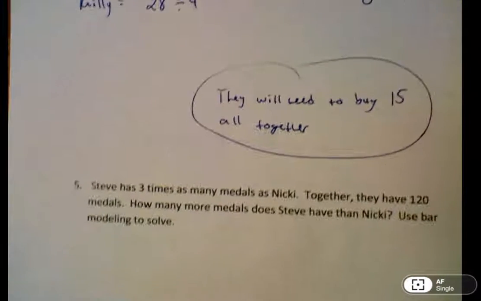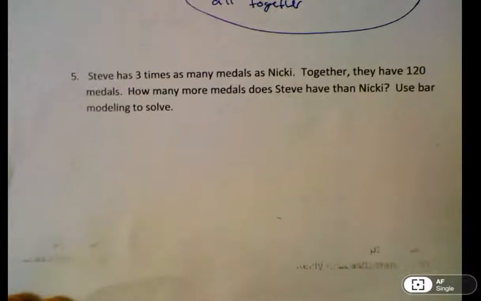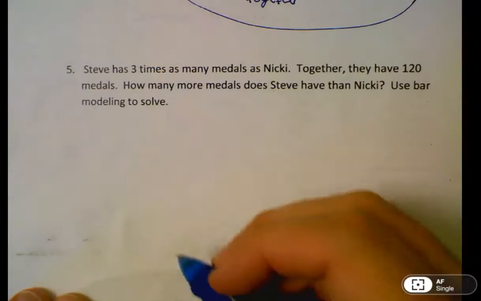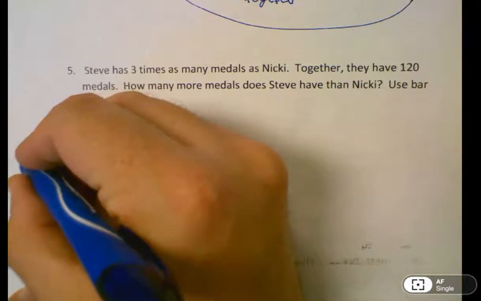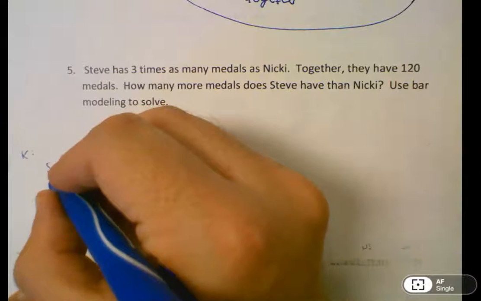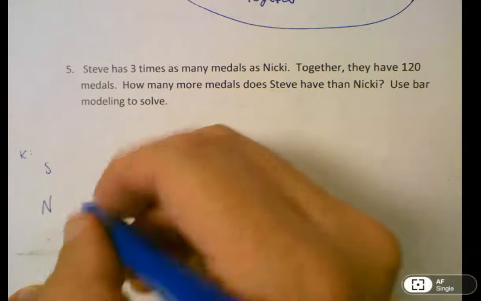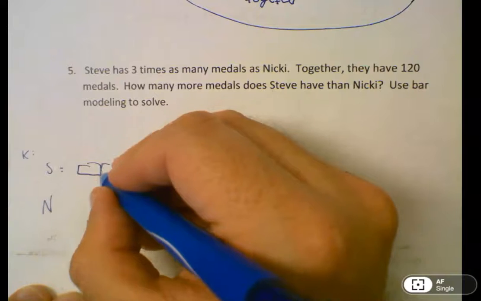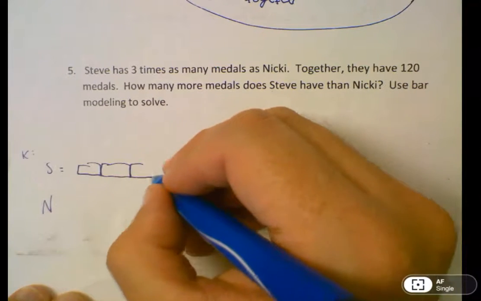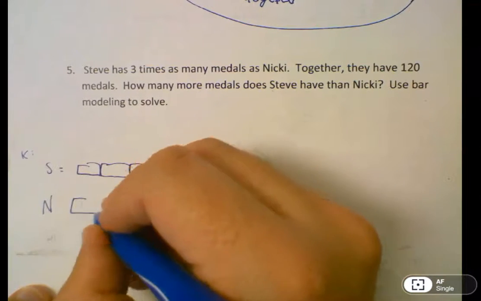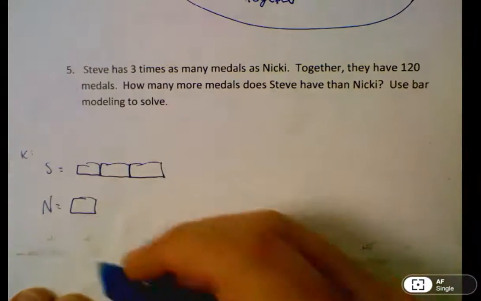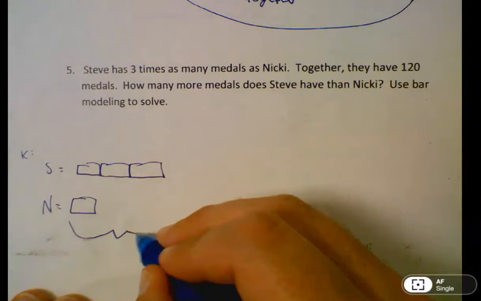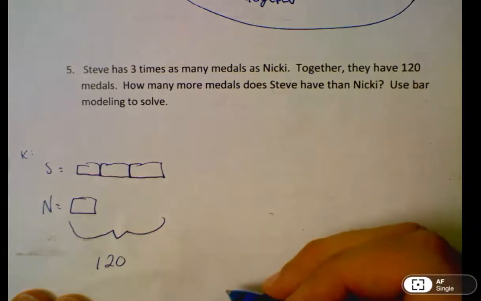Finally, this is a question that we saw very similar to one you'll see on the test. Steve and Nikki. Steve has 3 times as many medals as Nikki. Nikki still gets a bar because she gets some medals. Altogether, they have 120 medals.